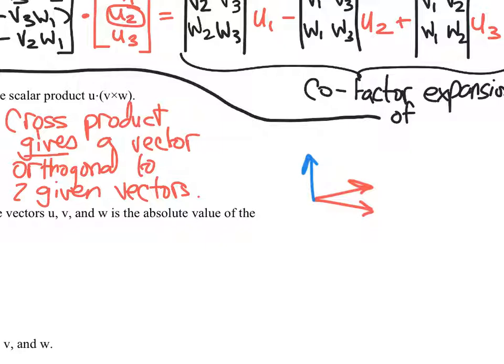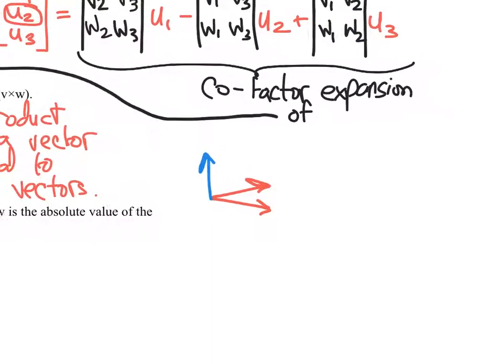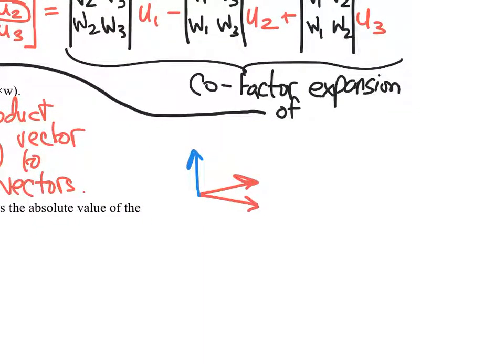Now, we talked about the idea that the magnitude of the cross product is going to basically simulate a parallelogram. So I'm going to draw that parallelogram and give us the area. All right.